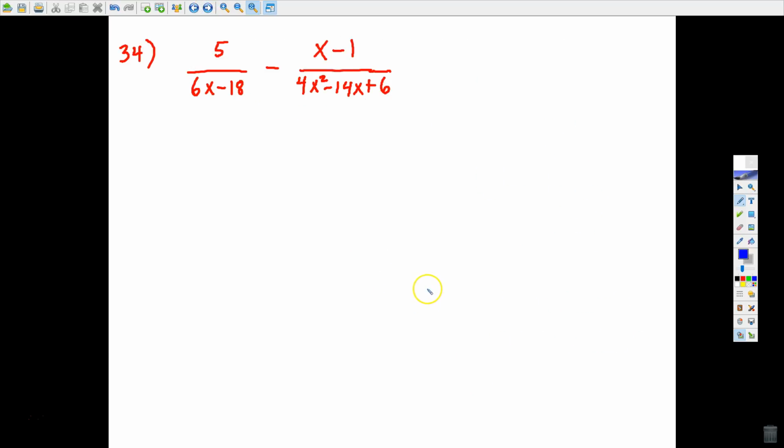34, we've got to subtract these two fractions that do not have a common denominator. So we first need to factor so that we can come up with a common denominator. First of all, on the left side, I factored out a GCF, and I'm doing the same thing on the right side.